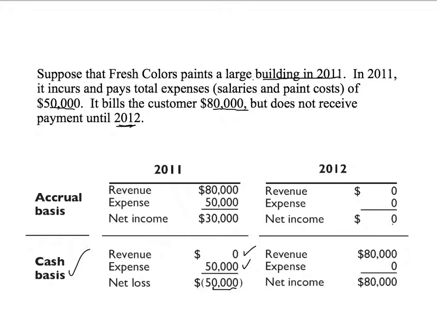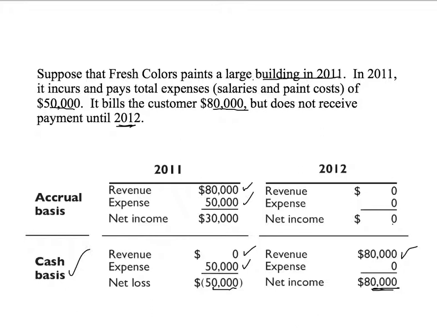And in 2012, we would only show revenue coming in of $80,000, no expenses, and we'd have a huge gain in 2012. So you can see the financial statements are not matching expenses against revenues. For the accrual basis, we would recognize revenue when we earned it, and we earned it in 2011. And we recognize expenses when we incurred them, not when we paid them.